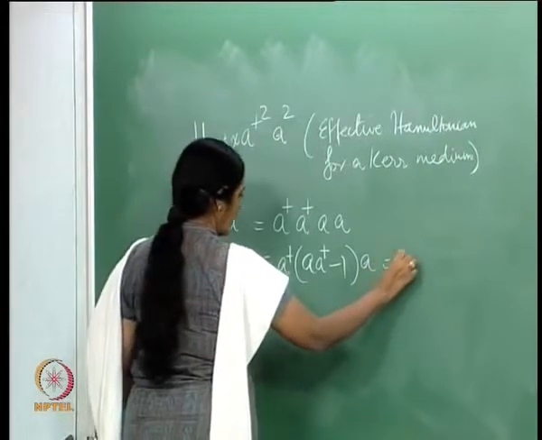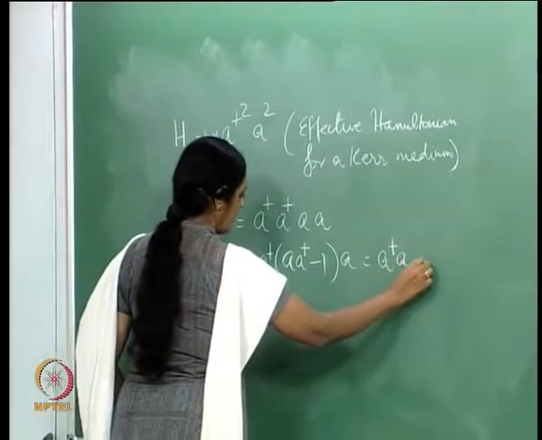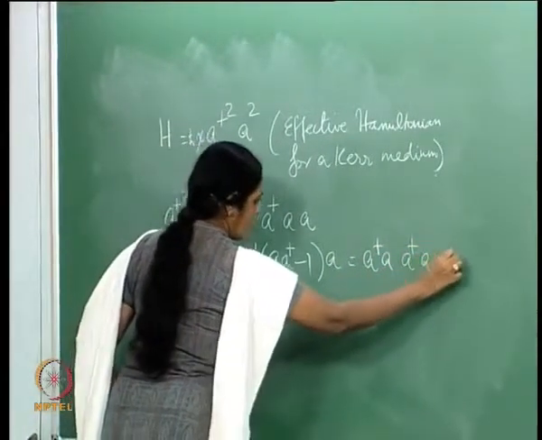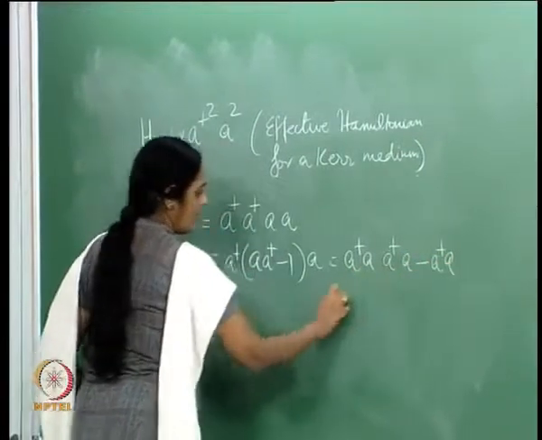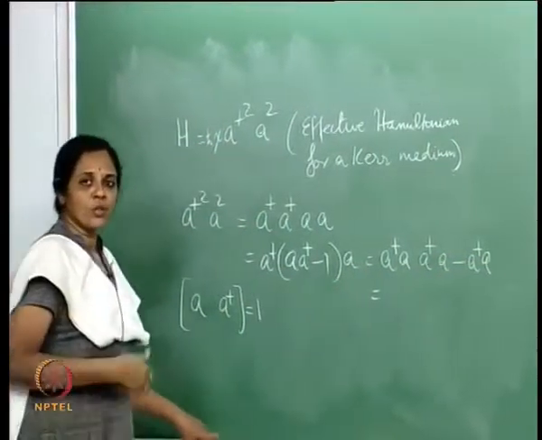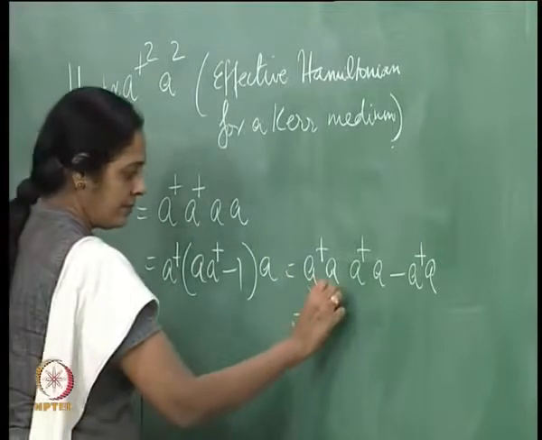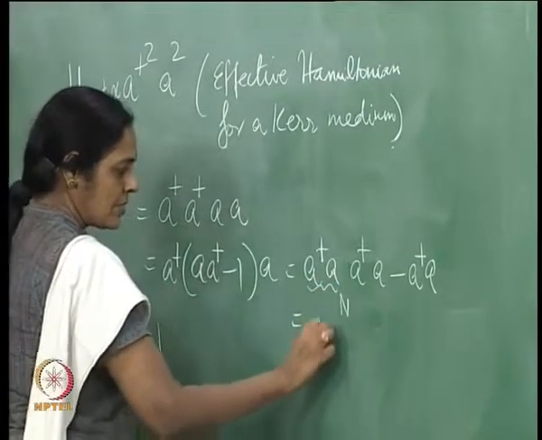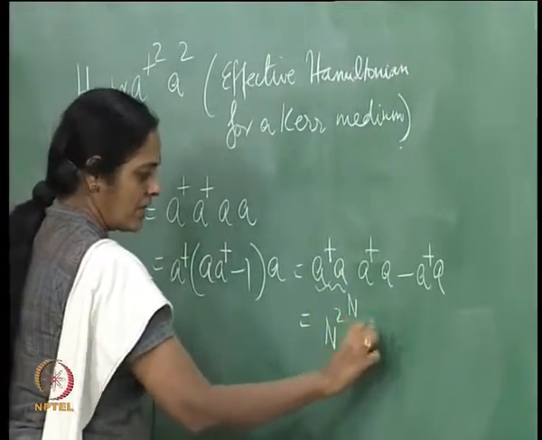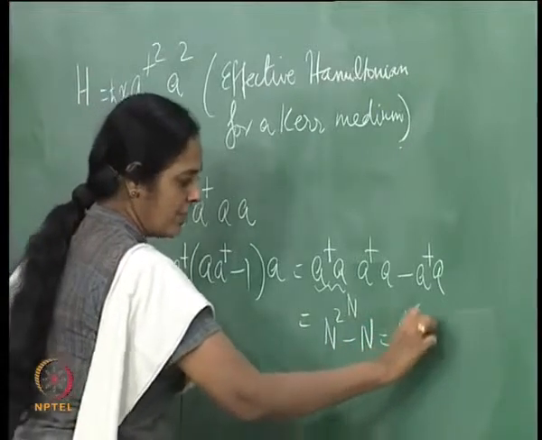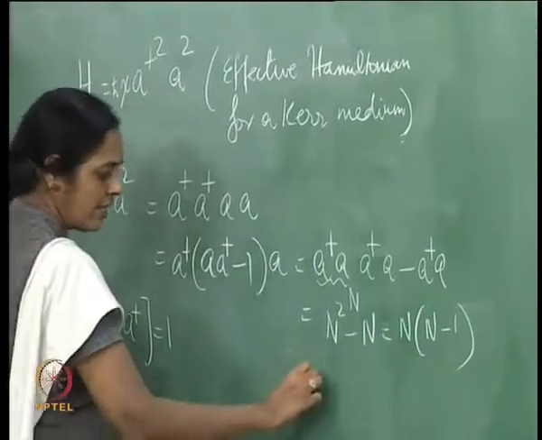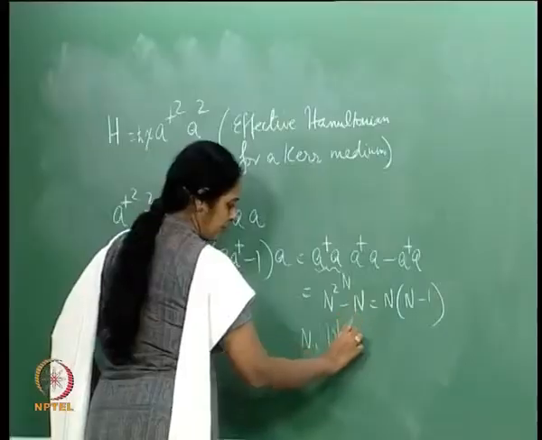So, this object is simply A dagger A dagger A A minus A dagger A. In other words, in terms of the photon number operator n, this is n squared minus n or n into n minus 1, where n is the photon number operator.